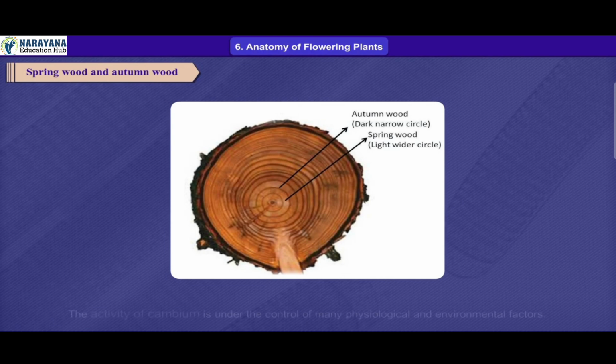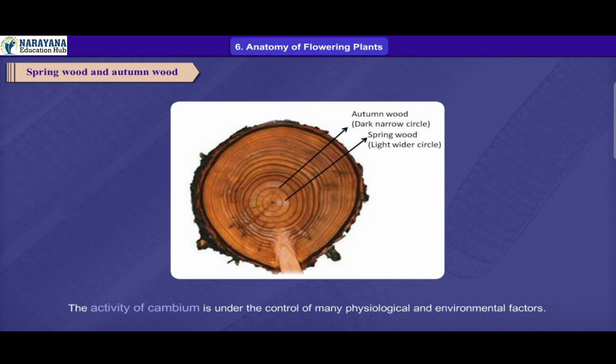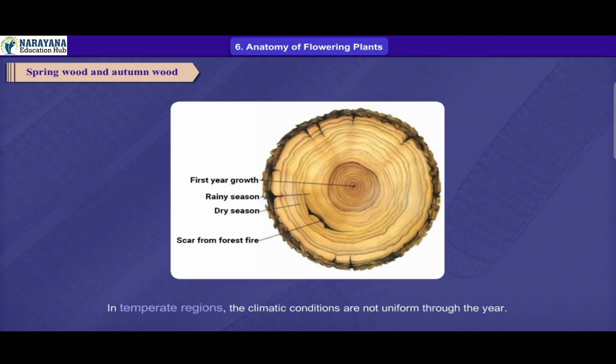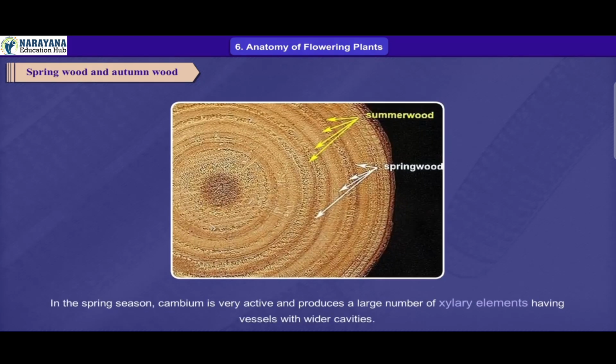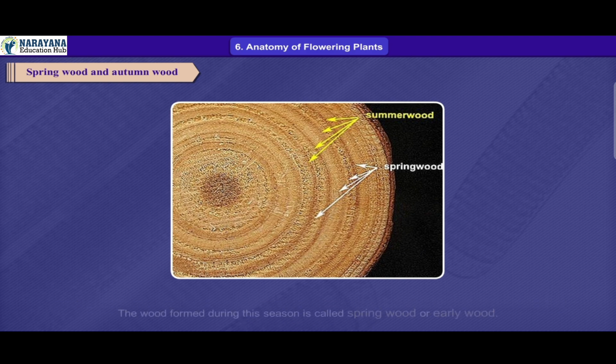Springwood and autumnwood. The activity of cambium is under the control of many physiological and environmental factors. In temperate regions, the climate conditions are not uniform through the year. In the spring season, cambium is very active and produces a large number of xylary elements having vessels with wider cavities.